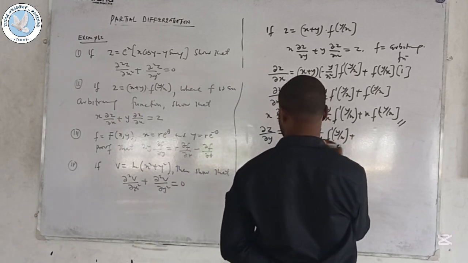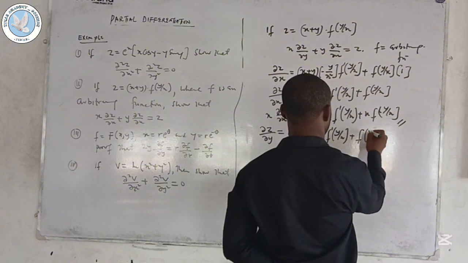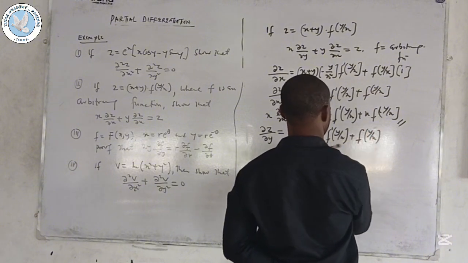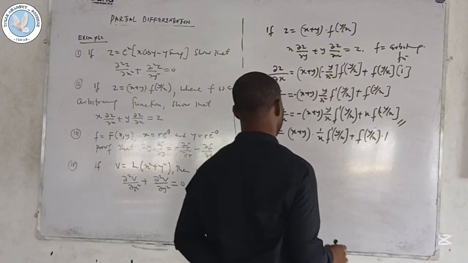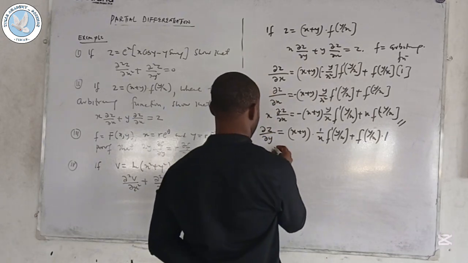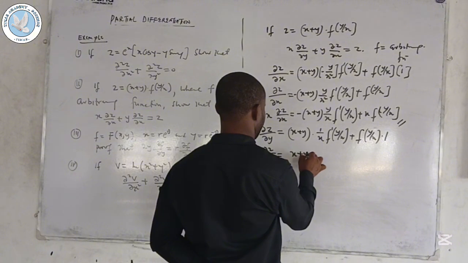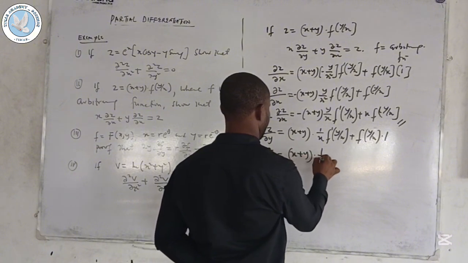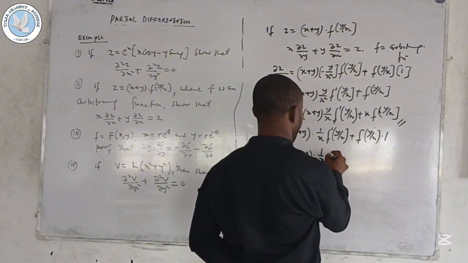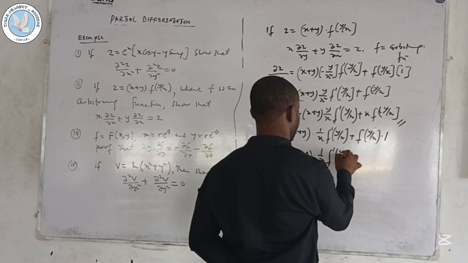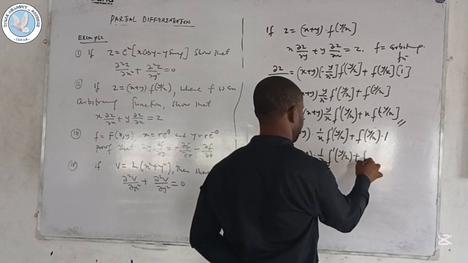We keep this and differentiate this with respect to y. We have that. So this is giving us this plus this prime plus this.